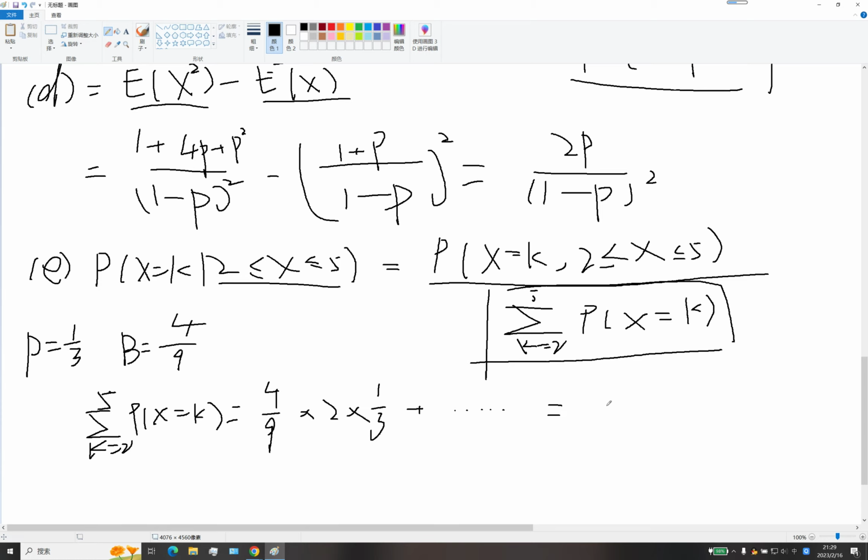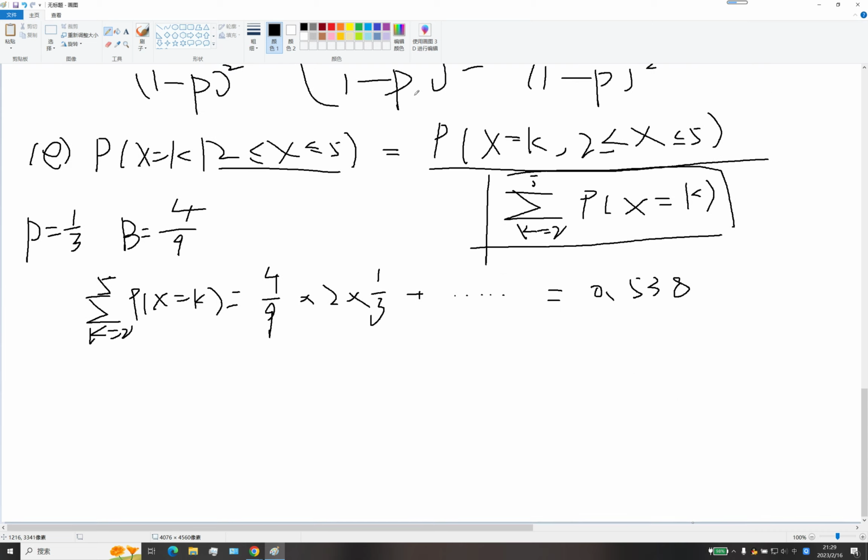So the answer is 0.538. And now we can get this part, just put this part into the answer.